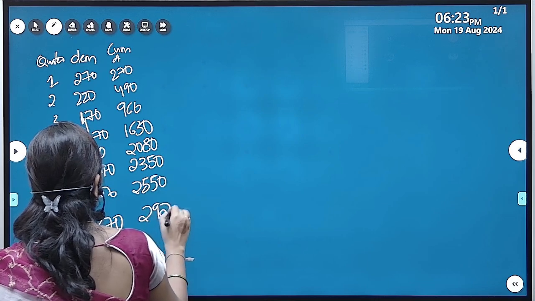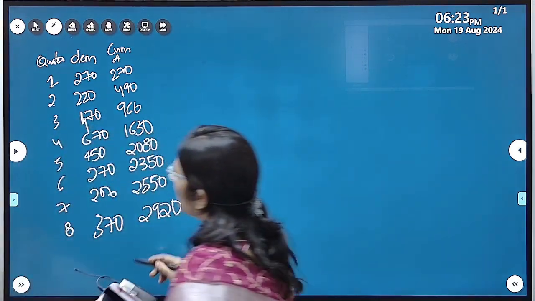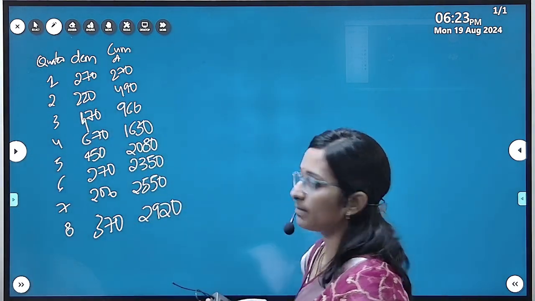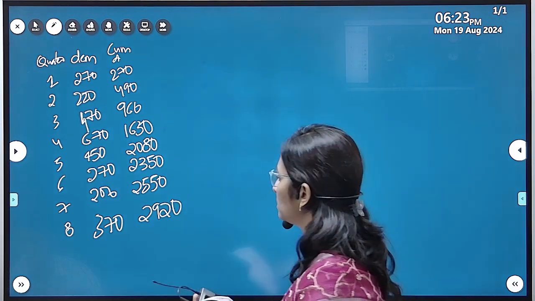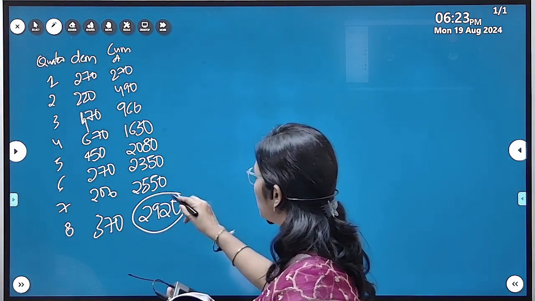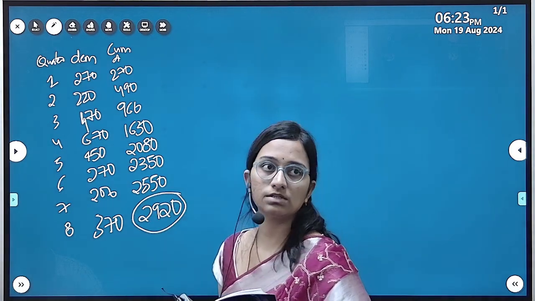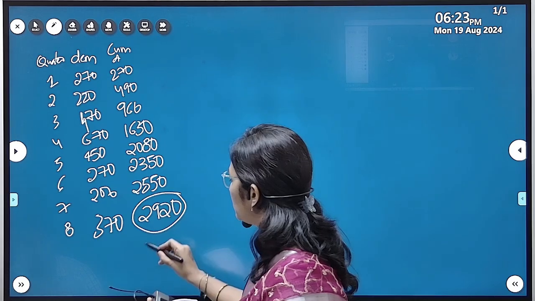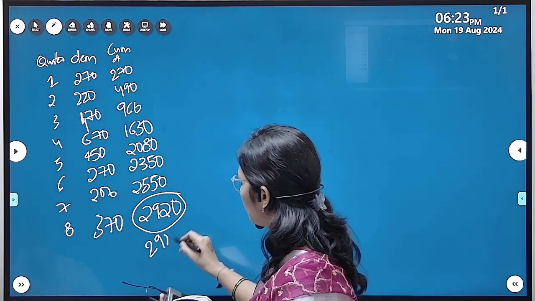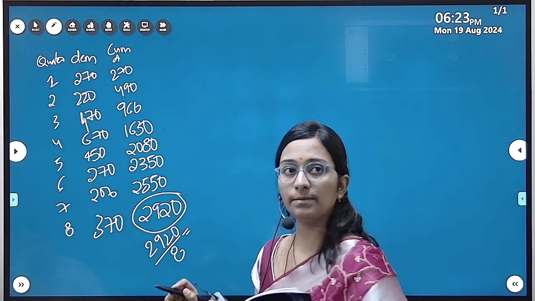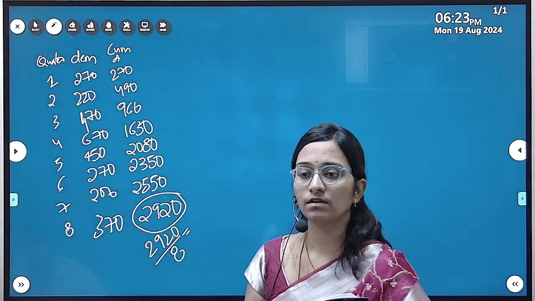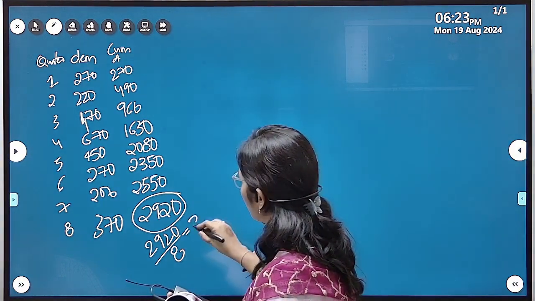2920. So here, what is the average of the demand for the 8 quarters in this given question? The average demand is 2920 units. So this average demand of 2920 units divided by 8 quarters. What will the answer be? How many units will we get? 365.